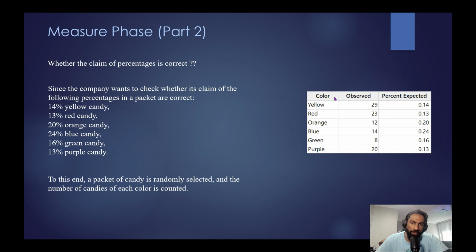In one packet of the candies, 29 yellow candies were found, 23 red, 12 orange, 14 blue, 8 green, and 20 purple. And also the percentage expected, which is these percentages, is also listed here. That basically is the measure phase for this part 2 of the company's question.